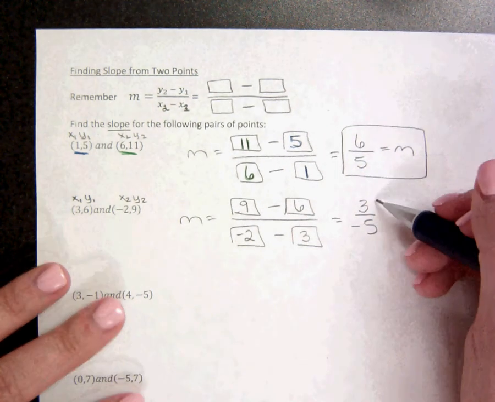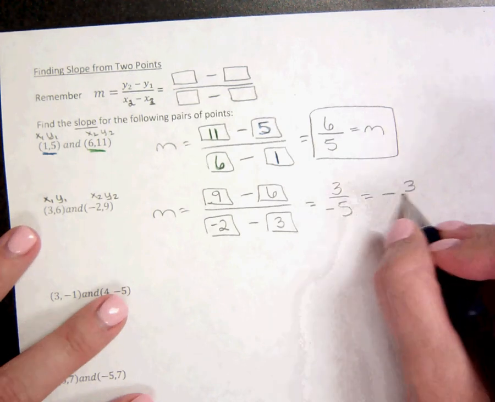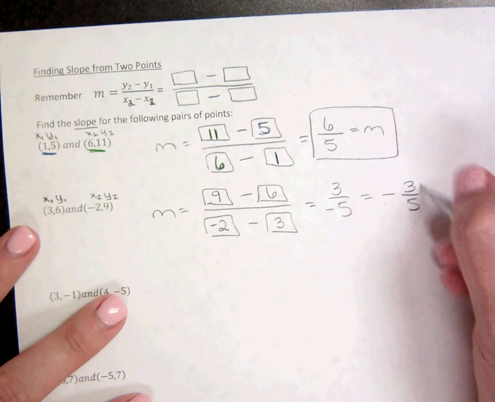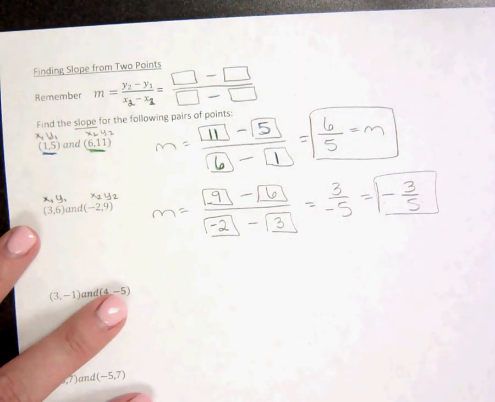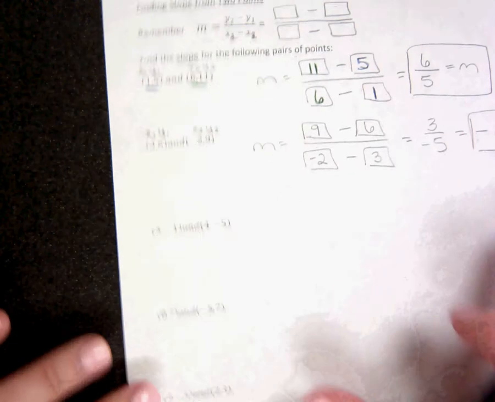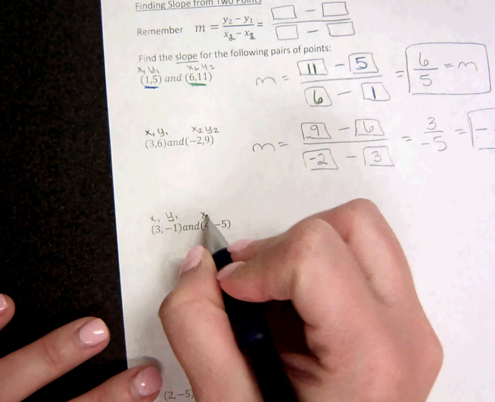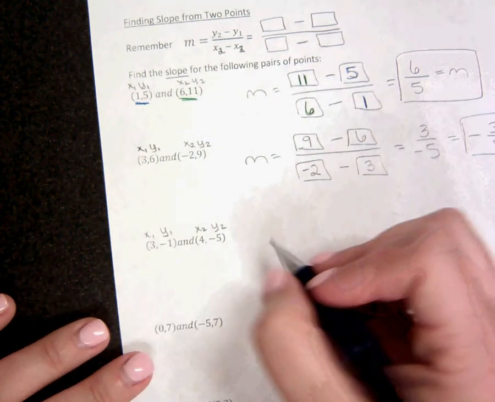One of the values is positive and one is negative, which makes a negative slope. On your homework, I think it prefers the negative out front, and then the fraction 3 over 5. So that would be your slope. Hopefully you've seen this before. If not, it's pretty easy. You're always able to get slope between any two points.